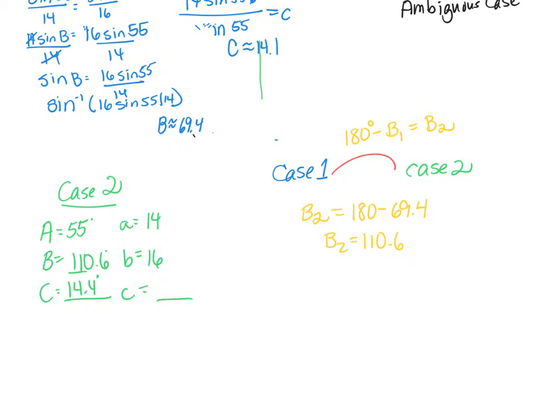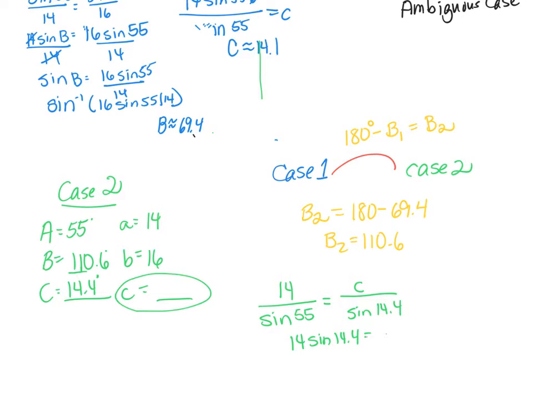Now I think we just have one situation to count through for the law of sines, and we'll have this final measure. Since we're missing a side, let's use the side on top for angle A. So the side across from A, 14 over the sine of 55 equals little c over the sine of angle C that we just found. Now, as we cross multiply, 14 sine 14.4 equals c times the sine of 55.